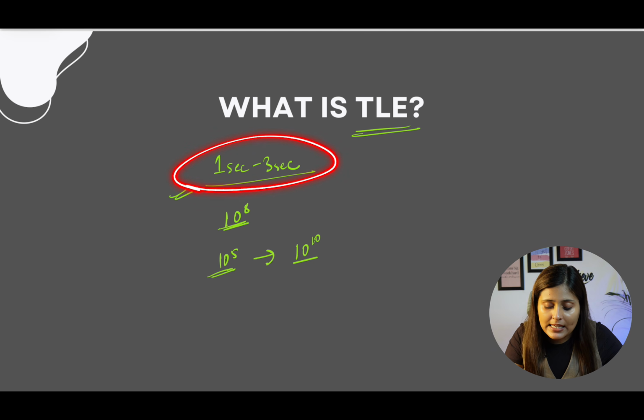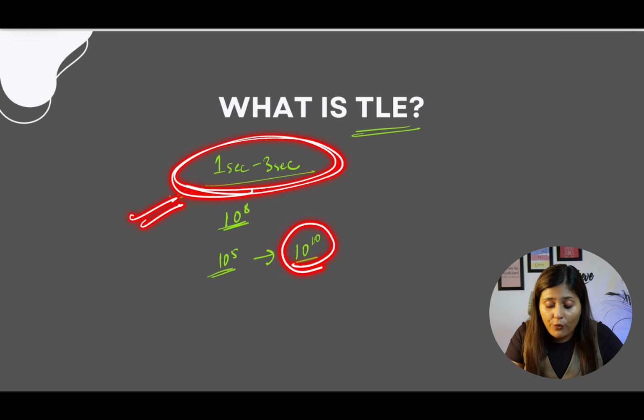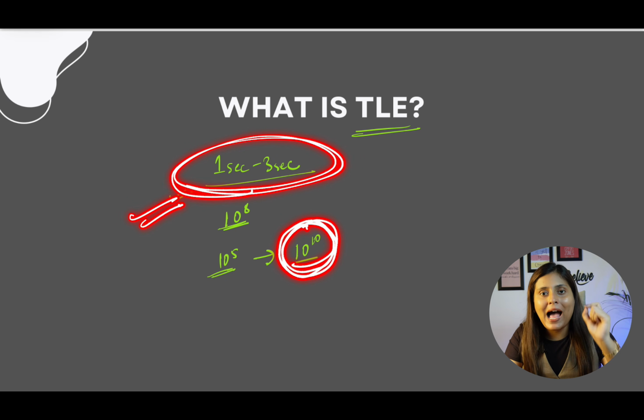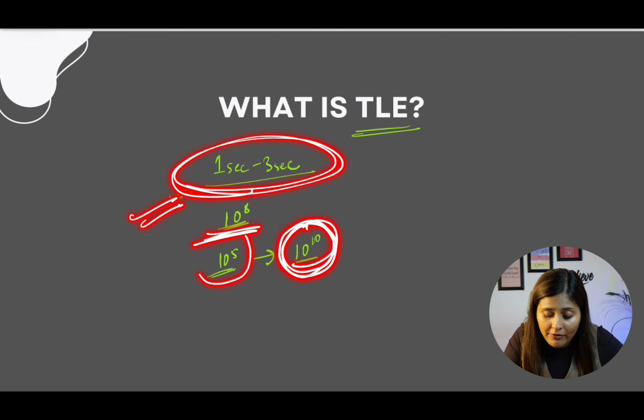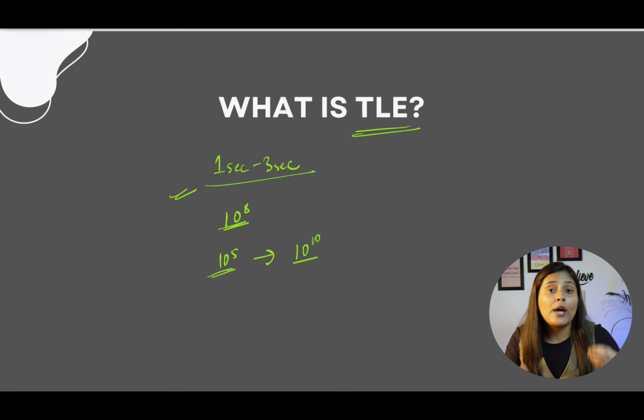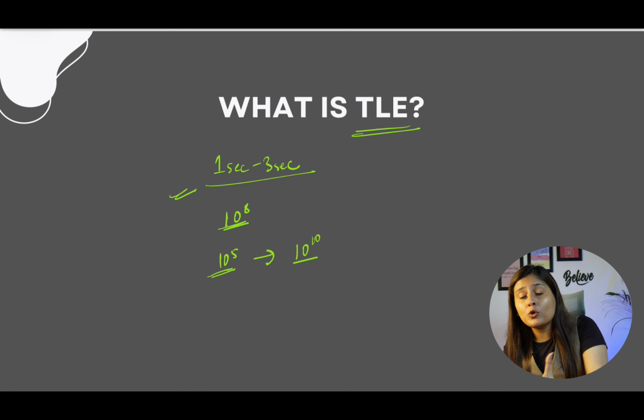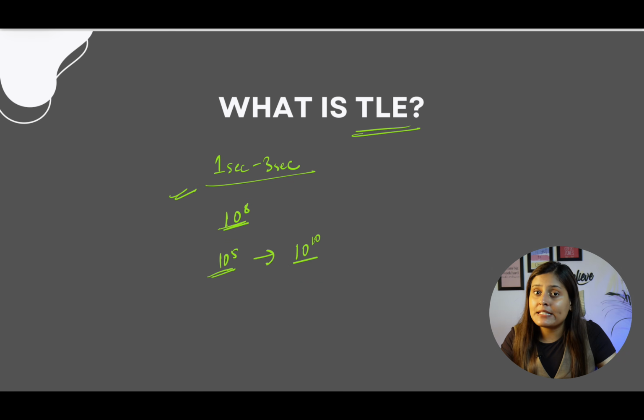It simply says that within this time limit, meaning 1 to 3 seconds, we need to run 10^10 operations to successfully execute that code. But only 10^8 operations were allowed, and we need 10^10. So our code will not be able to execute properly, and we will see the time limit error saying time is over. I hope you are getting this. So in simple words, this is what time limit error means.